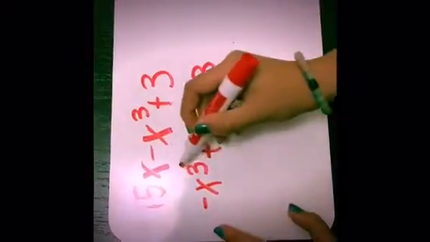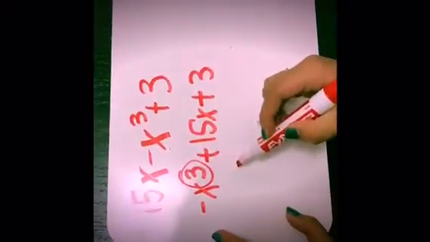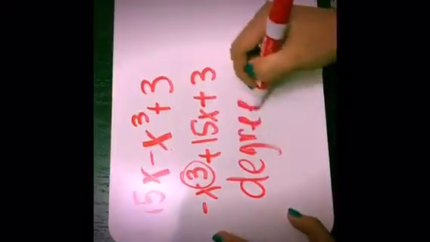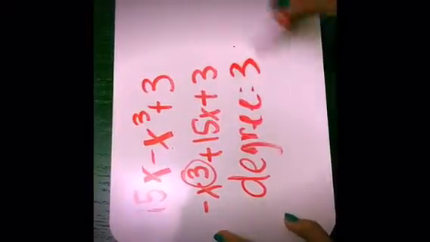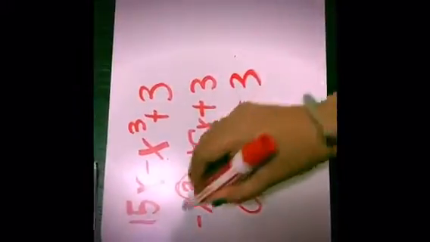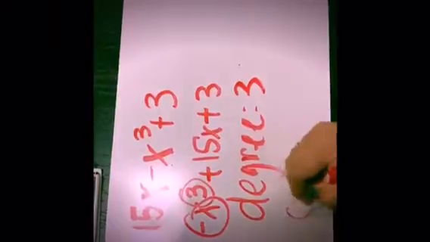Since there's a cube right here, the degree is 3. I have to find the coefficient, and the coefficient is -1, because it's whatever's in front of the term.